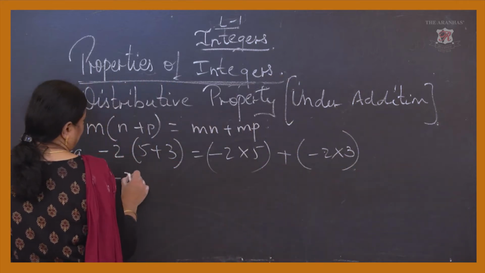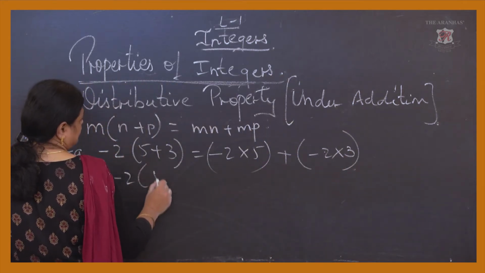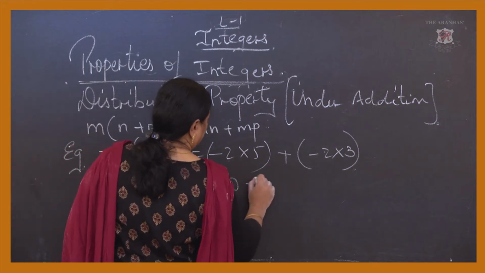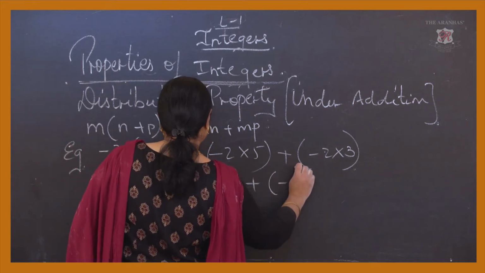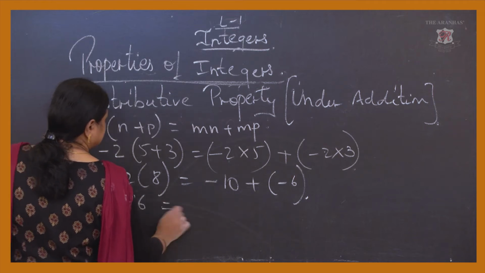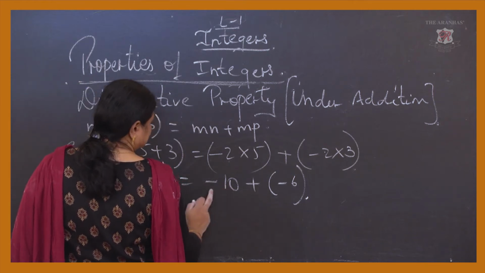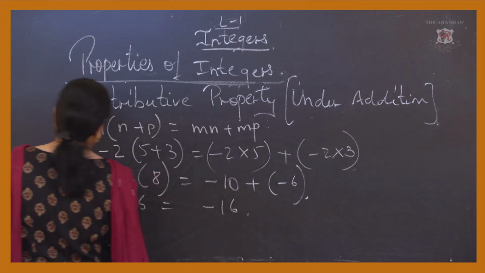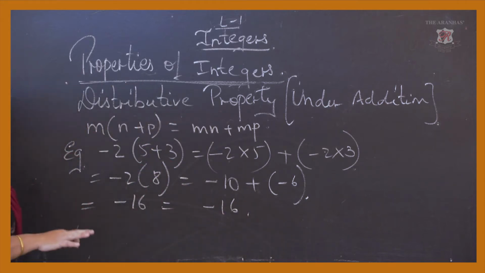So it will be what? Minus 2 into 5 is minus 10, plus of minus 6, which will be what? Minus 16. Now minus 10 plus into minus 6 will give you minus 16. So this will be under addition.